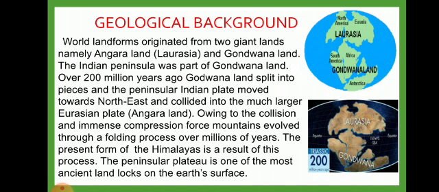Owing to the collision and immense compression force, mountains evolved through a folding process over millions of years. The present form of the Himalayas is the result of this process. The Peninsular Plateau is one of the most ancient landmasses on the Earth's surface.